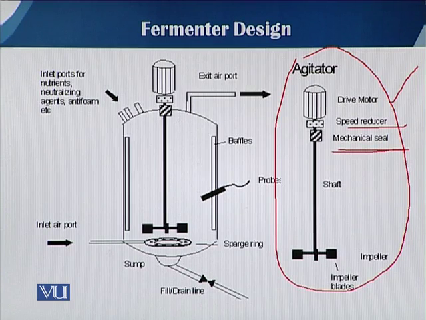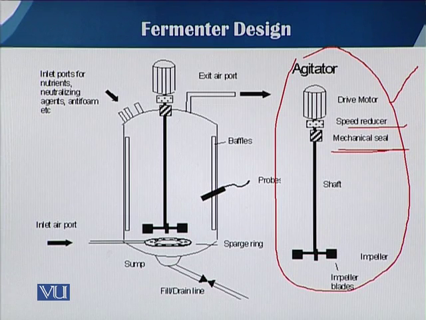And this is a mechanical seal, because when we talk about the agitator system, the motor should be outside the body vessel and has to be attached to the internal part, and the link from the outside to the inside is through the mechanical seal, very critical in fermenter design. If the seal is not good, then there is no good fermentation process, because there is a golden chance of contamination. So the seal in a fermenter is very critical.